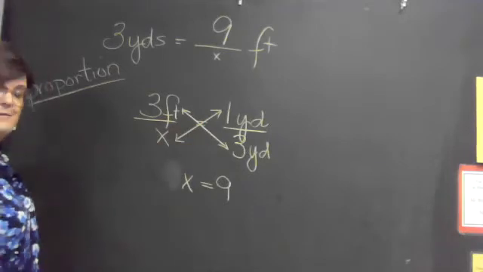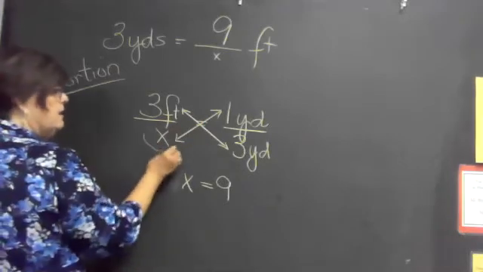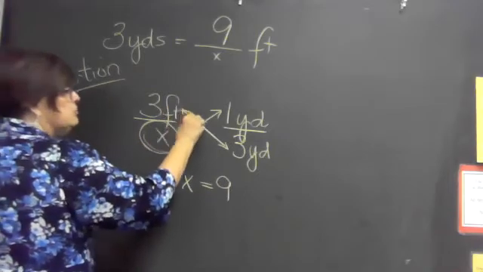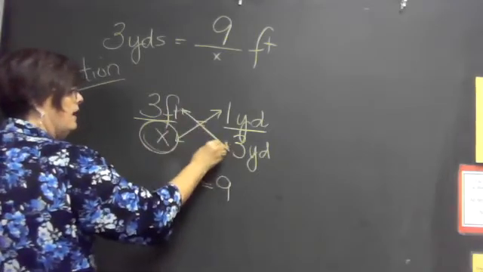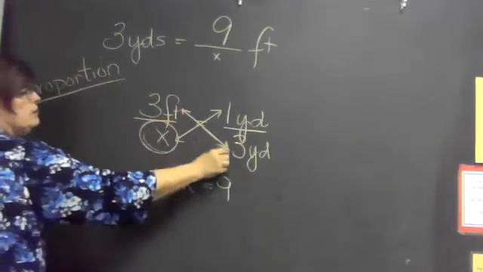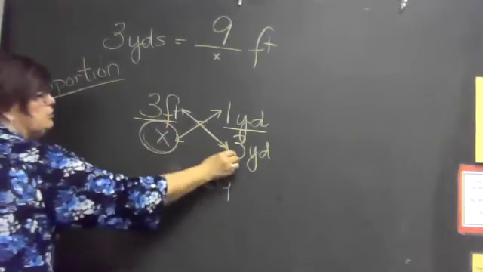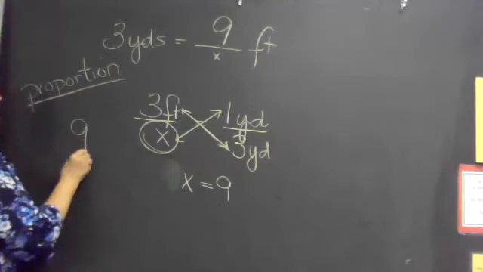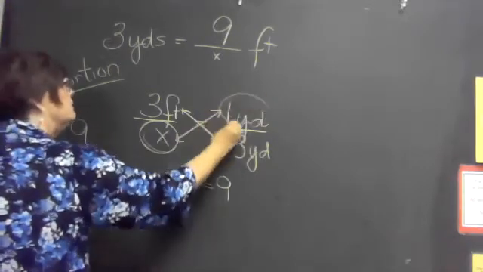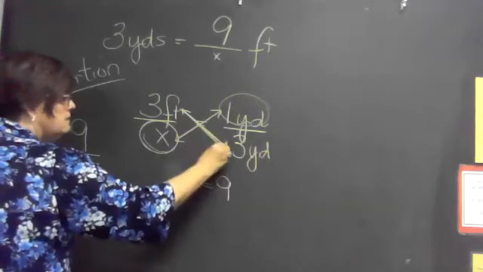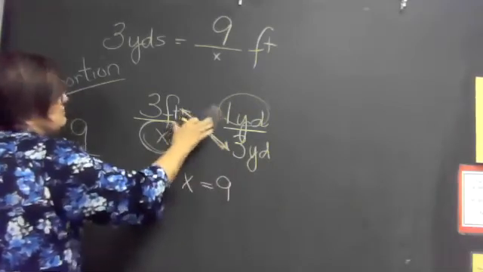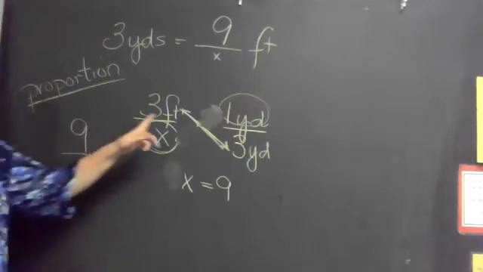Okay, are you ready? If I'm trying to find x, then I can multiply these two and get 9. Let's do this. Multiply the ones that are opposite the x, and then divide by the leftover, which is the same thing that you just did.